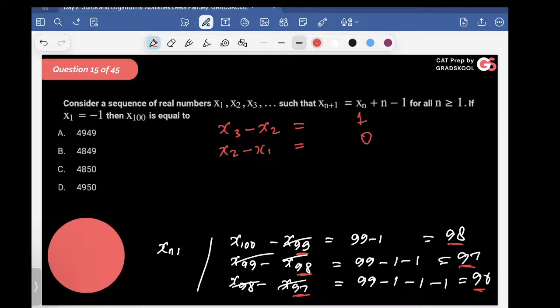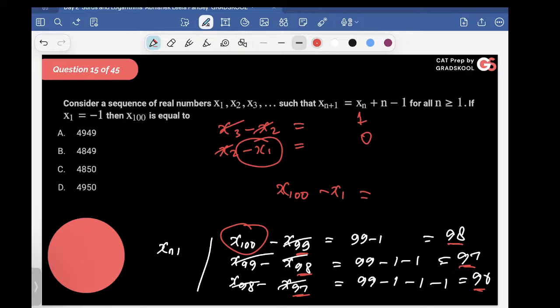If I add all of it, all of this is going to cancel out except this and this. So x100 minus x1 would be the sum of all of it. And that is the reason why I am doing it. Clear, everyone?